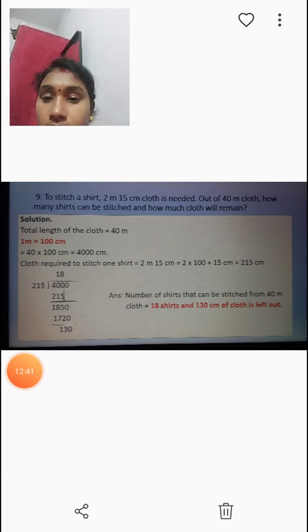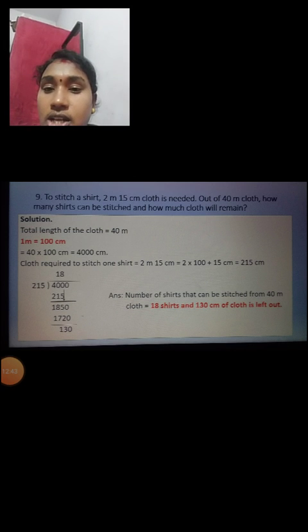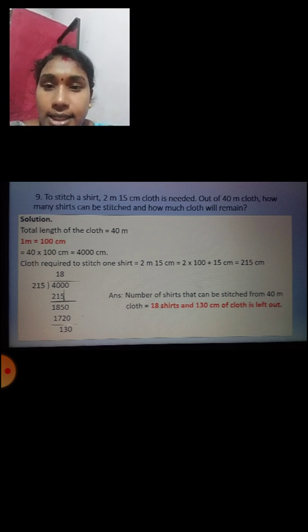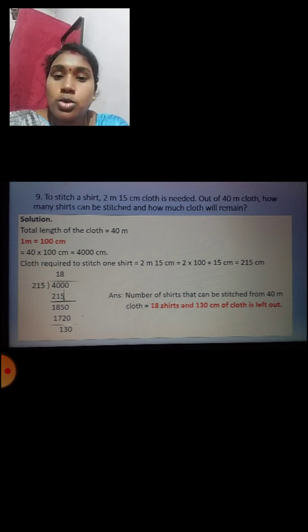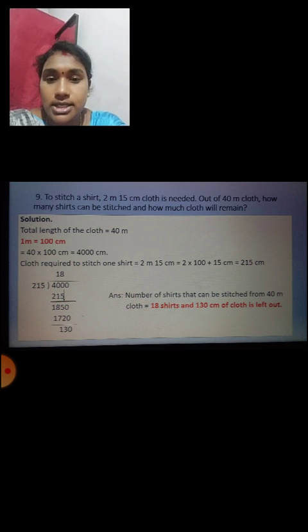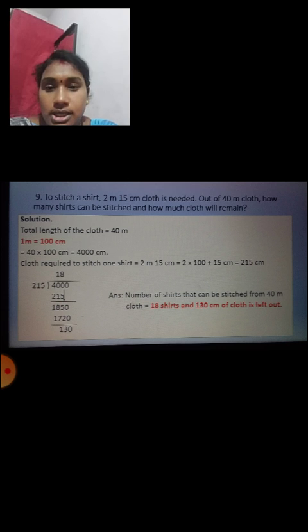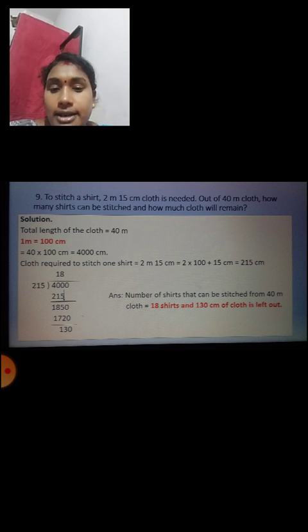So here, to stitch a shirt, 2 meters 15 centimeters of cloth is needed. So out of 40 meters of cloth, how many shirts can be stitched and how much cloth will remain? So here you have the question like this.